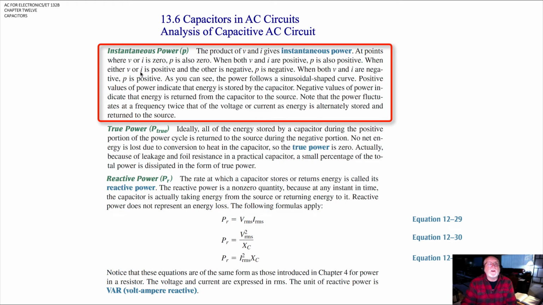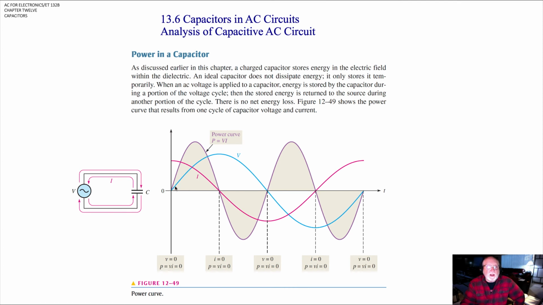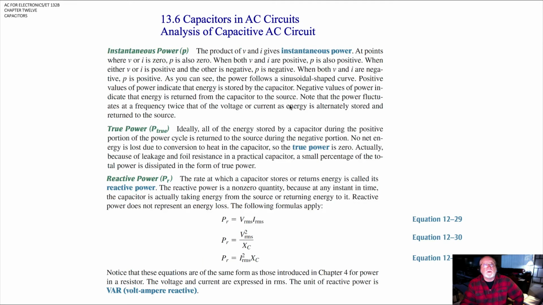When either v or i is positive and the other is negative, the power is negative. When both v and i are negative, the power is positive. As you can see, the power follows a sinusoidal shaped curve, and we can see that here. Here's our sinusoidal power curve following the current and voltage curves.